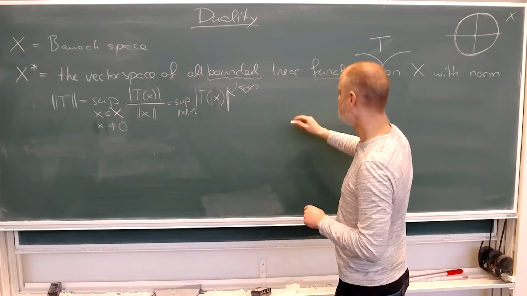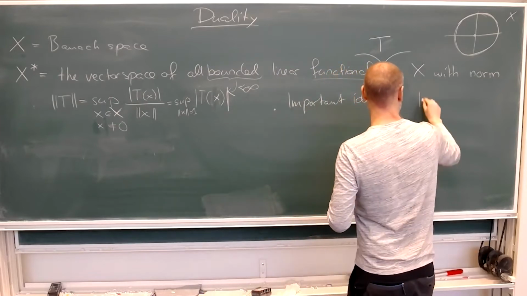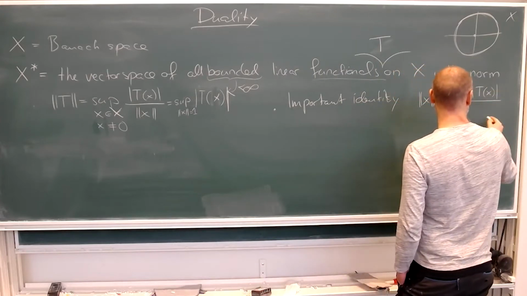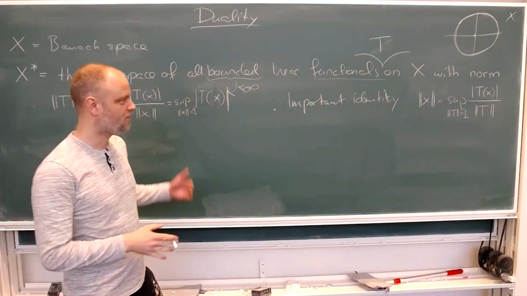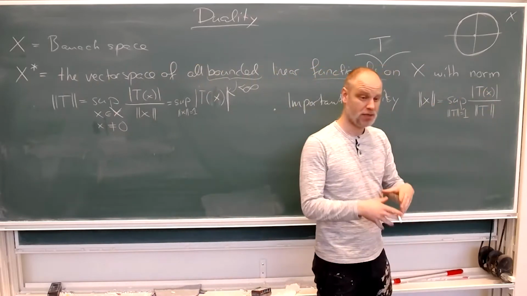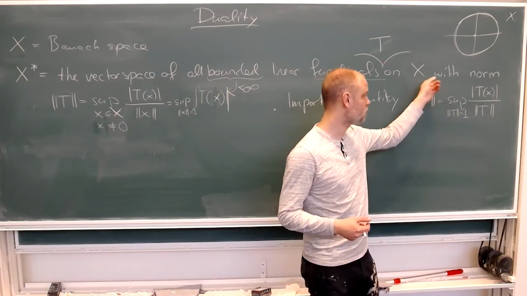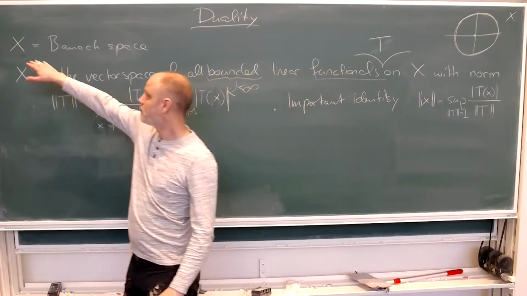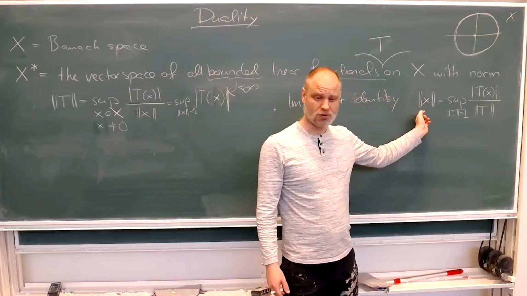So we also have that the norm of x is equal to the supremum of T of x divided by norm of T. And this is fascinating because the norm of x existed before, right? We used some other definition here to define it to begin with. And here, this gives us a second formula for the norm of x.